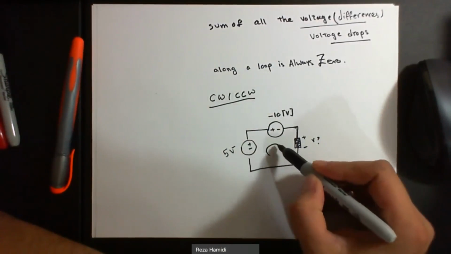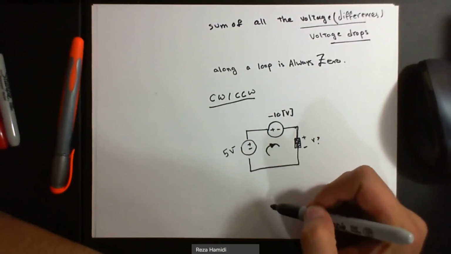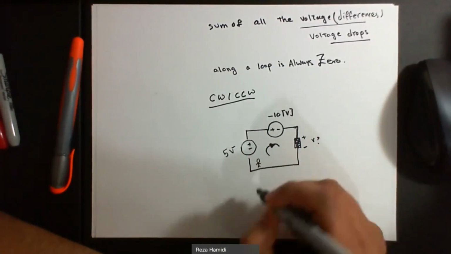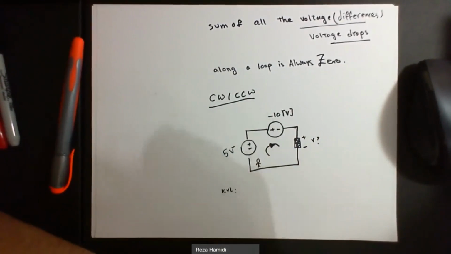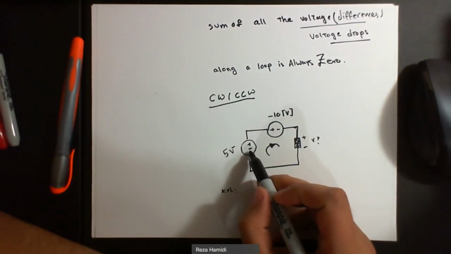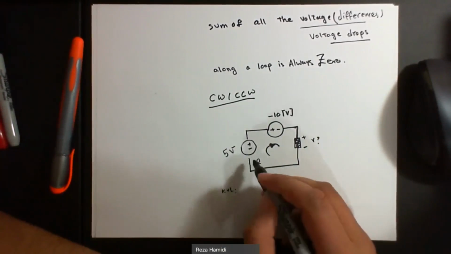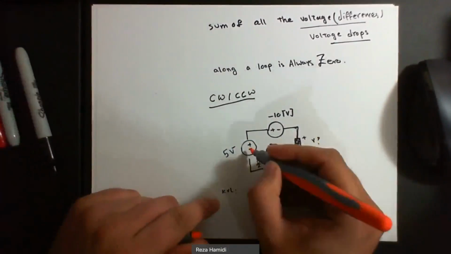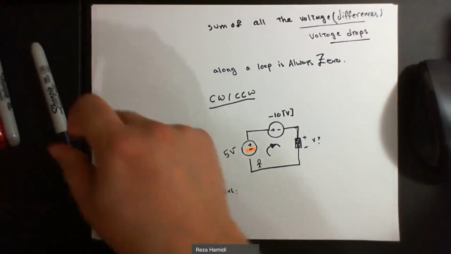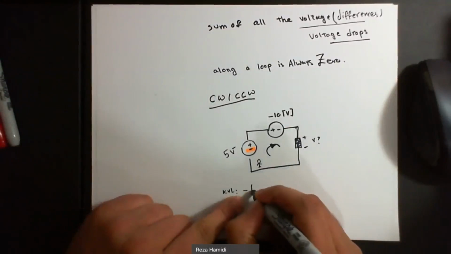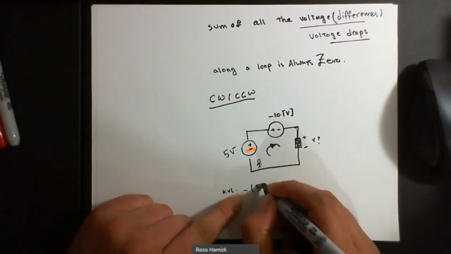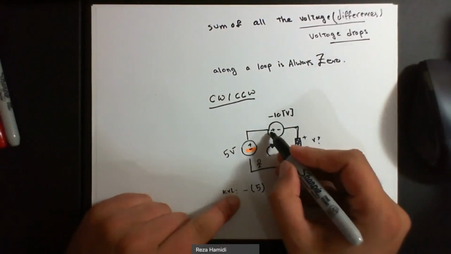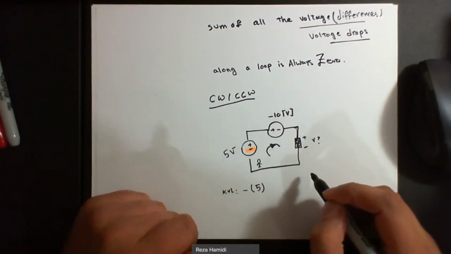Someone may select clockwise, and it starts from this point. So let's write KVL. First of all, this guy sees this voltage difference here. So as this guy sees the negative head first, it's going to be minus whatever this voltage is. Then this guy reaches the second voltage source.